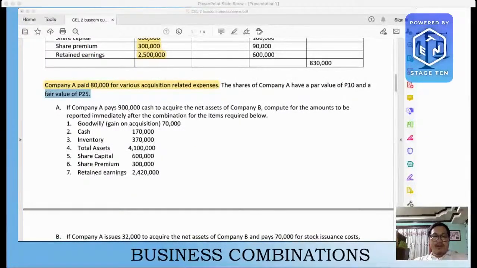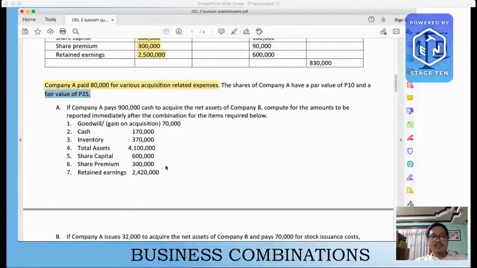Now, if we are to compute for the resulting goodwill or gain, as I've told you, that's the most common question, again, we just need our consideration and our fair value of the net assets. So consideration, as I mentioned earlier, should be measured at fair value.